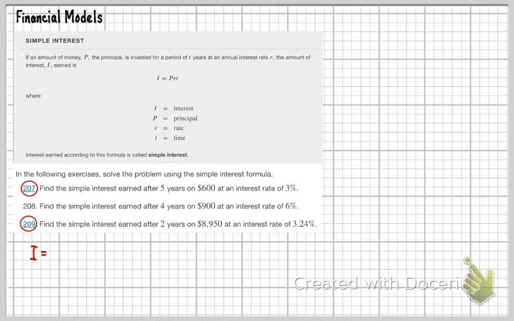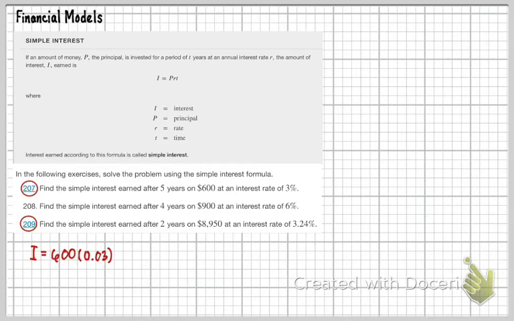Our principal is the original amount, and it says on $600. So I just plug in the 600 here. And then the rate is next, and that's my R. And that's going to be 3%. So this is where people will mostly make a mistake, if they make a mistake at all. You got to write 0.03 in for 3%.